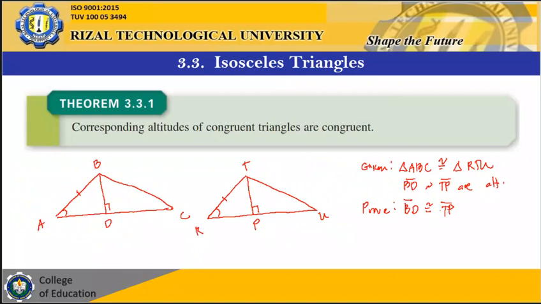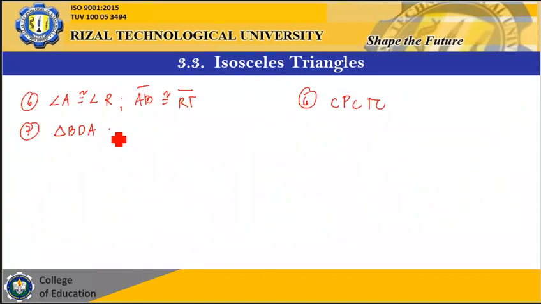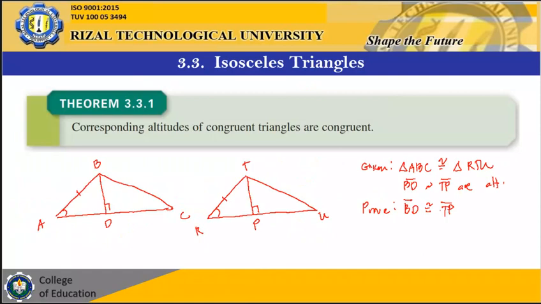Okay? And this is because we have actually a hypotenuse and an acute adjacent angle.